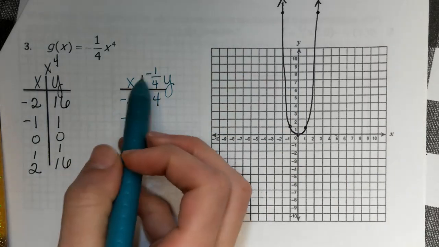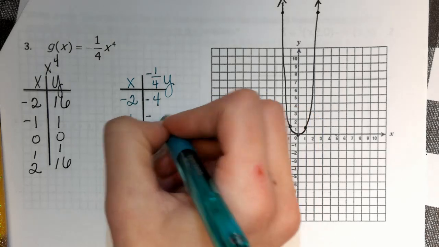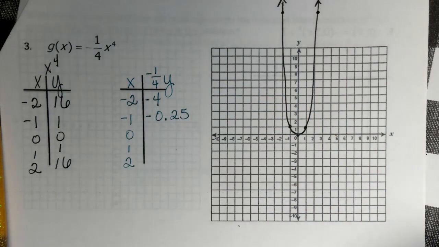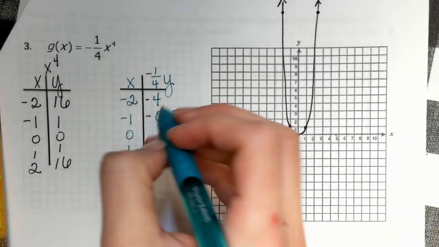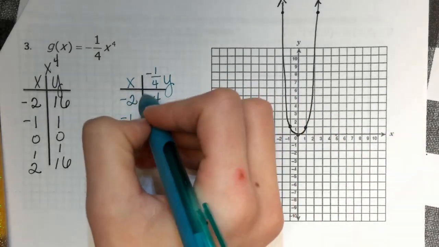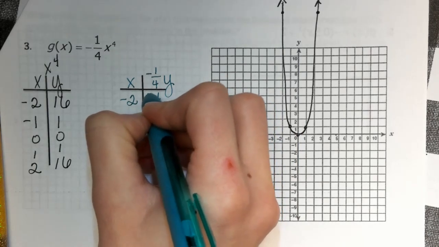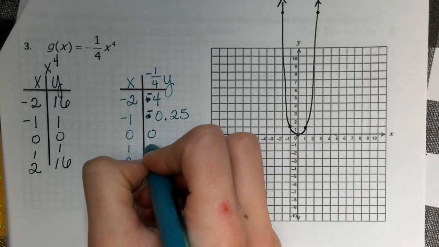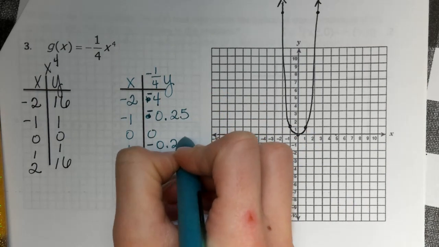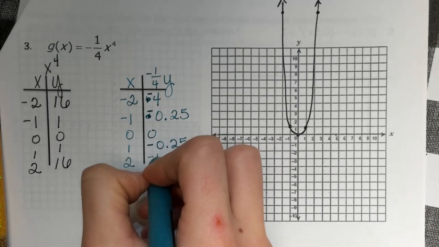Now 1 times negative 1/4 is a negative 1/4, which you can put as a decimal, negative 0.25. 0 stays 0. 1 is, no, this should be negative. Okay. Alright, this is going to give me negative 0.25. And then I've got negative 4 again.